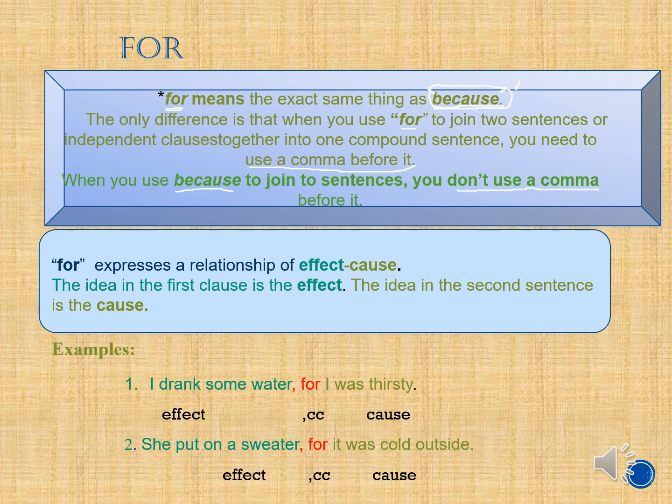So: I drank some water, for I was thirsty. I is my subject, was is my second verb, and thirsty is the adjective. So everything together is a compound sentence. I have two independent clauses joined by a coordinating conjunction.